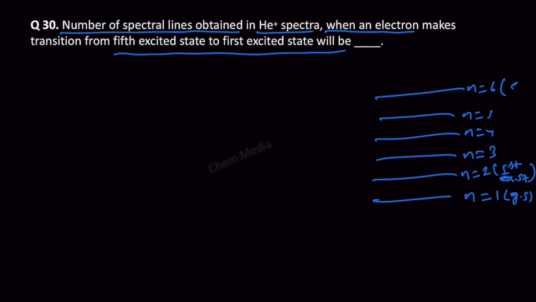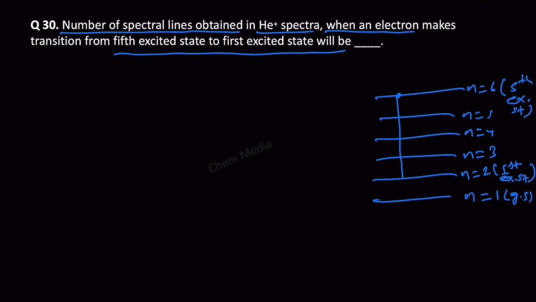This is the fifth excited state, isn't it? So basically electron makes a jump from here to here, but we have to calculate the in between transitions also in this case, because number of spectral lines we need to calculate.